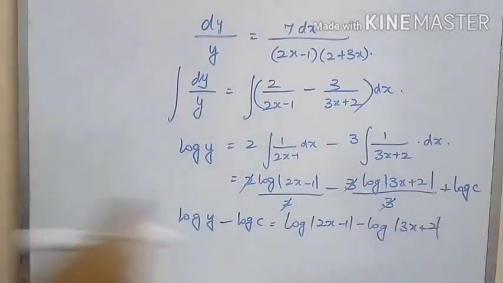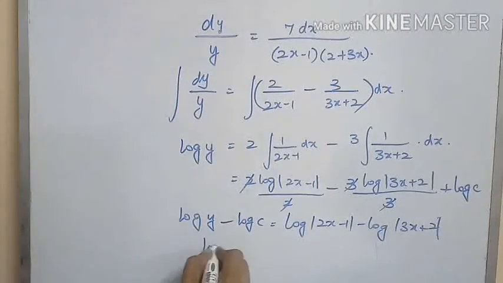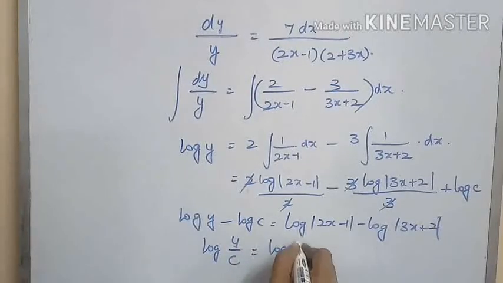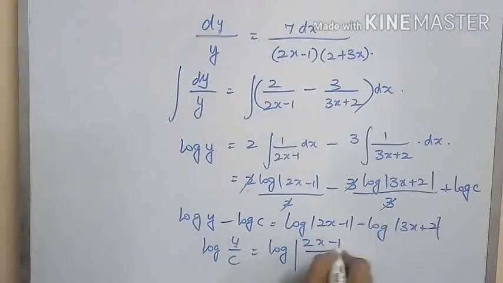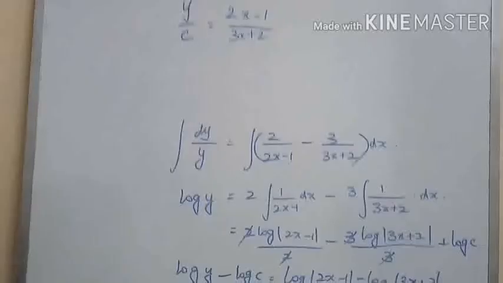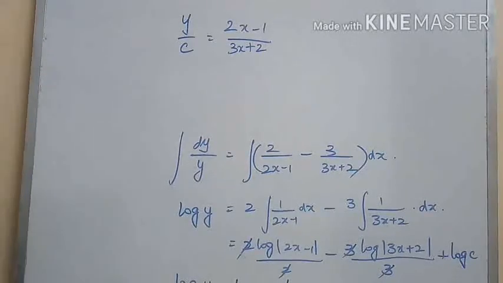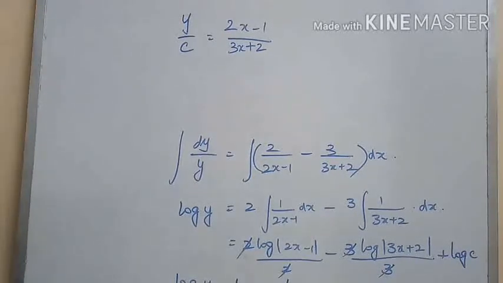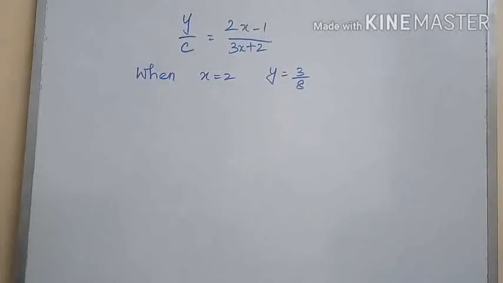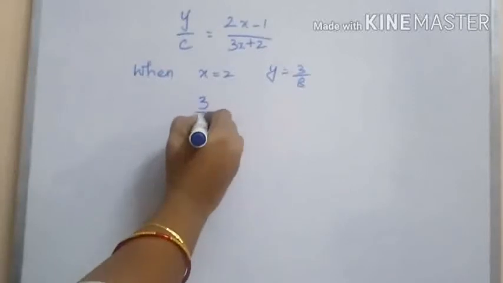We know that this can be written as log of y by c is equal to log of modulus (2x minus 1) by (3x plus 2). Let us cancel log on both sides. So we get y by c is equal to (2x minus 1) by (3x plus 2). In order to find out the value of c, let us substitute x is equal to 2 and y is equal to 3 by 8, which is given in the question.